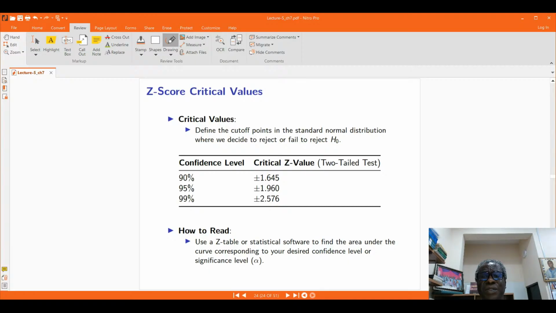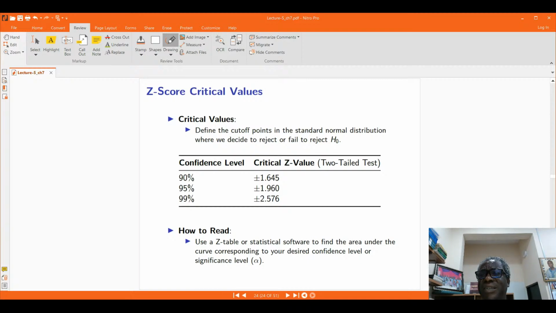If your confidence level is 90%, which implies that your level of significance is 0.1, then the corresponding critical value is 1.645.